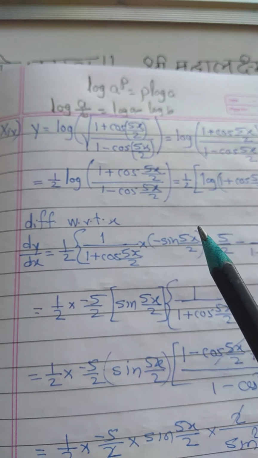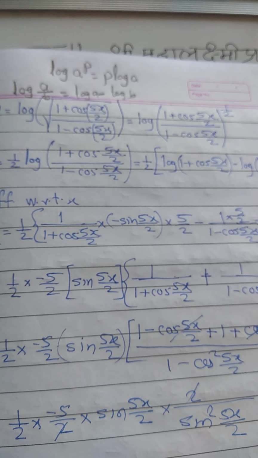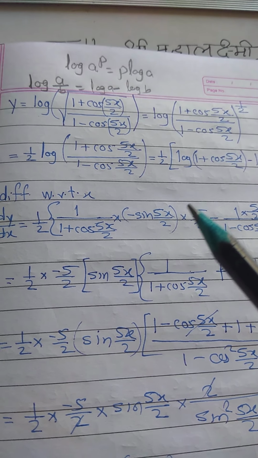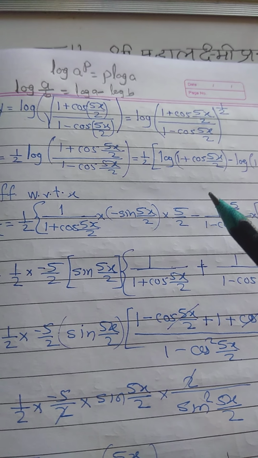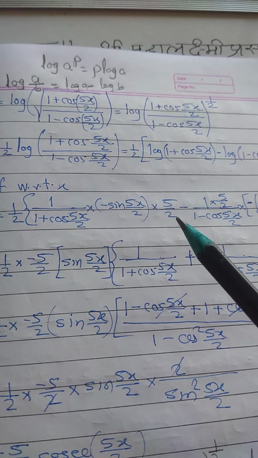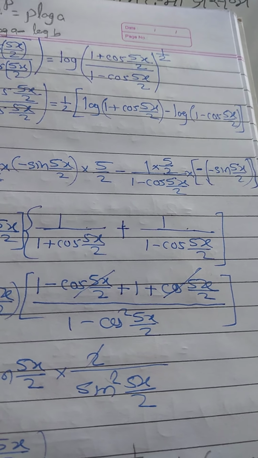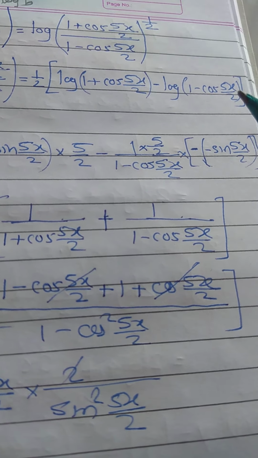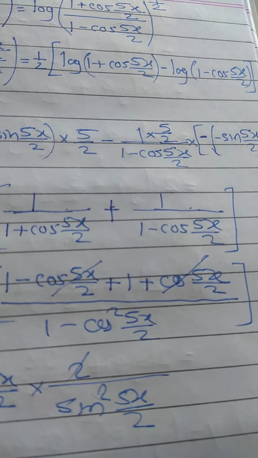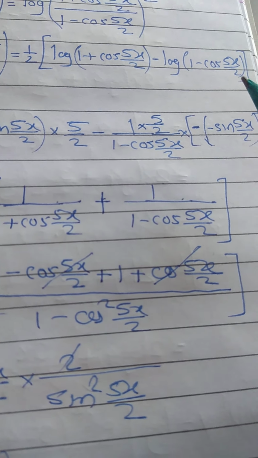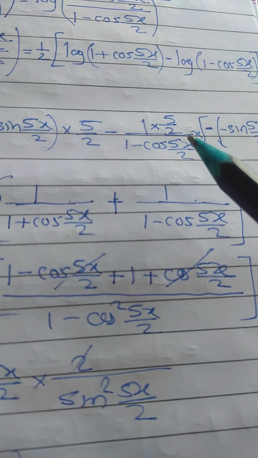Differentiating with respect to x, what we will have? 1 half, log of something, 1 upon that thing. Derivative of cos is minus sin and 5x by 2, derivative of that is 5 by 2. Minus log of something, 1 upon that thing, and derivative of cos is minus sin 5x by 2 and derivative of 5x by 2 is always 5 by 2 because derivative of x is 1.